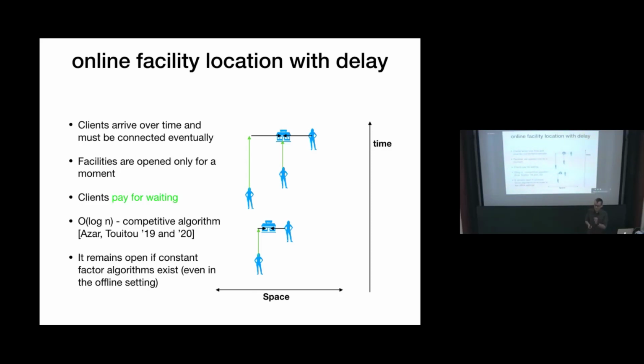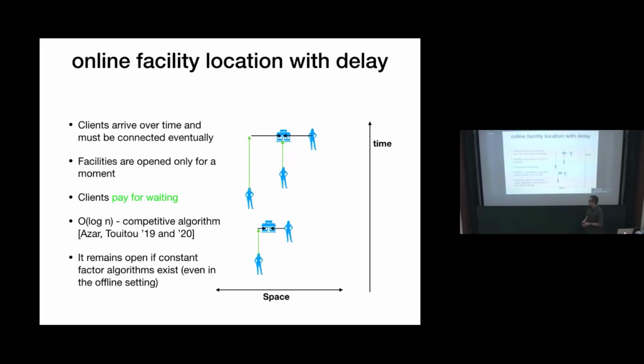They are just for a moment. But these clients don't have to connect immediately. If they had to connect immediately, it would be just independent instances of facility location. But now we allow these clients to wait and later connect, so they pay for waiting and then pay for the distance, and so they connect. That's a very natural model.